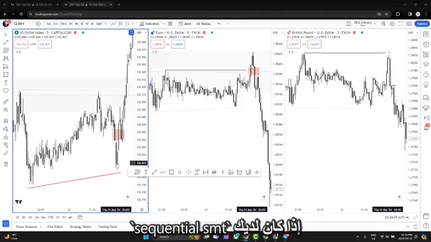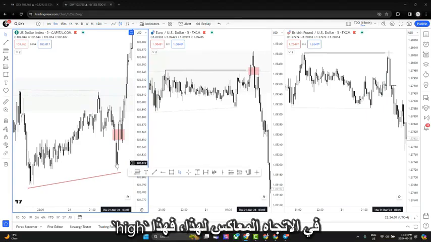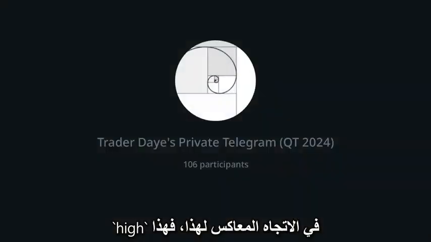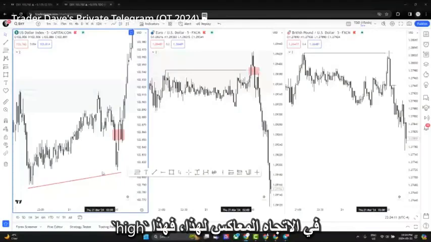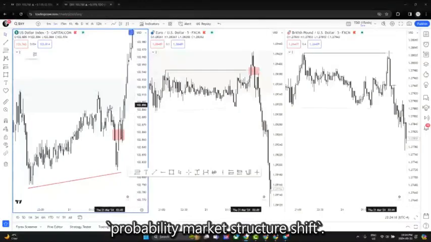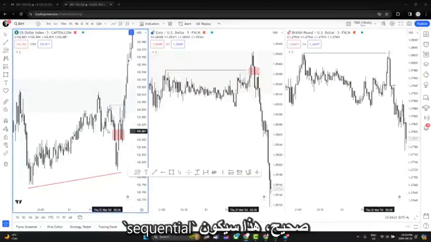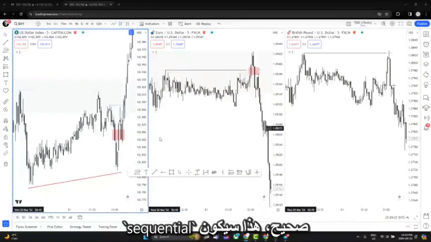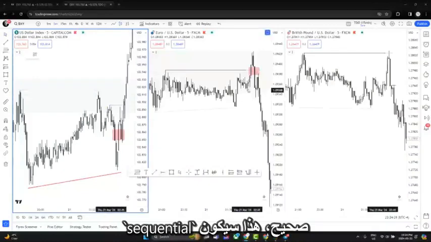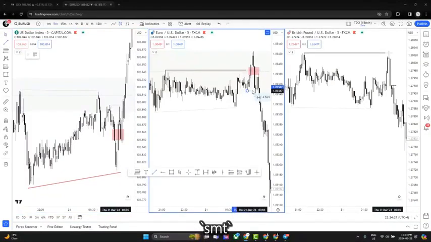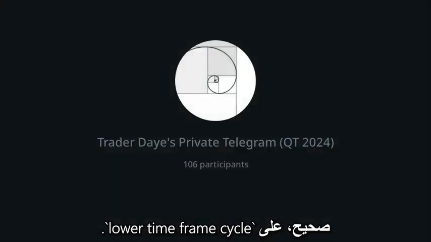If you have a sequential SMT which is in the opposite direction of this, that is a high probability market structure shift. So for example here, this would be a sequential SMT in a lower time frame cycle.